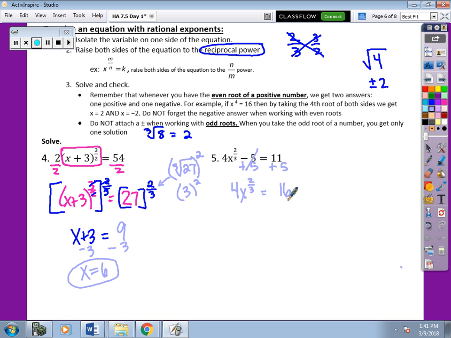Lindsay? Divide by 4. You have to isolate the variable that's being raised to whatever power. We'll have x to the 2/3 power equals 4. Now we raise both sides to the reciprocal power, which would be the 3/2 power.